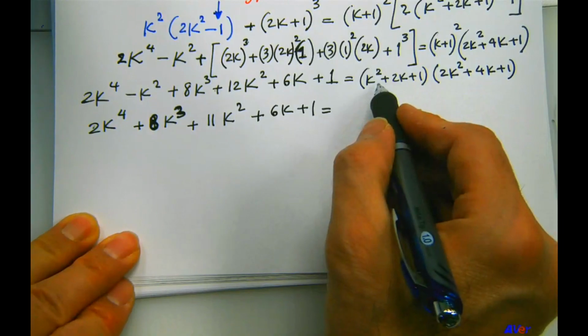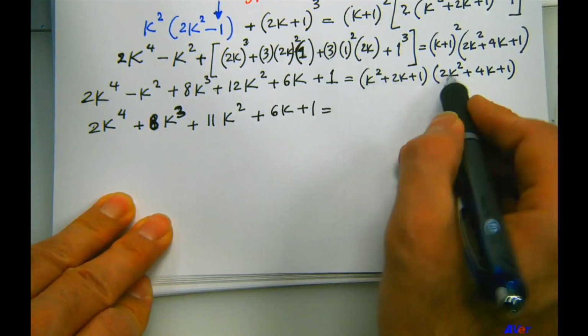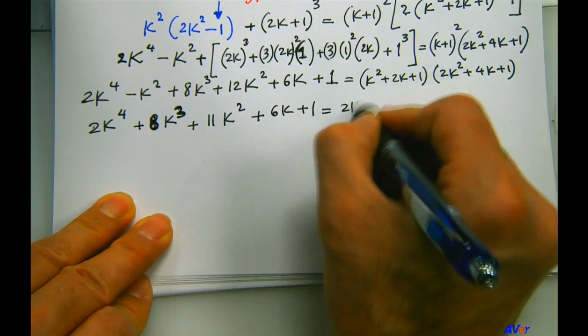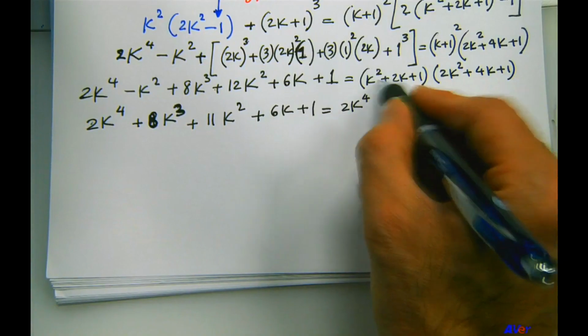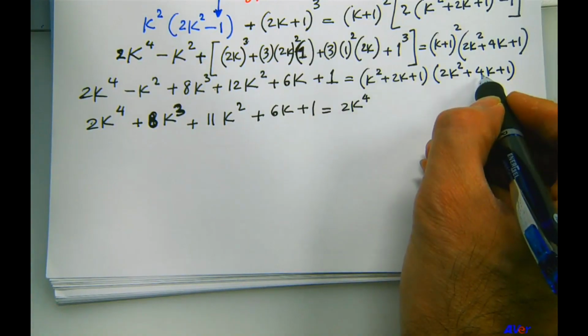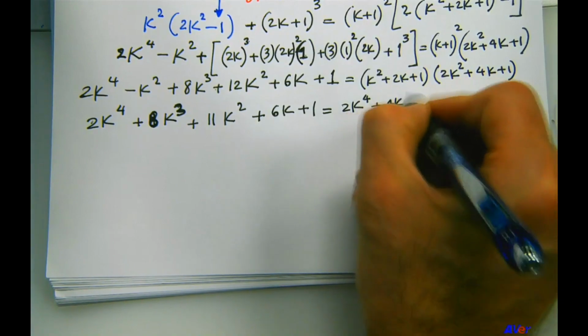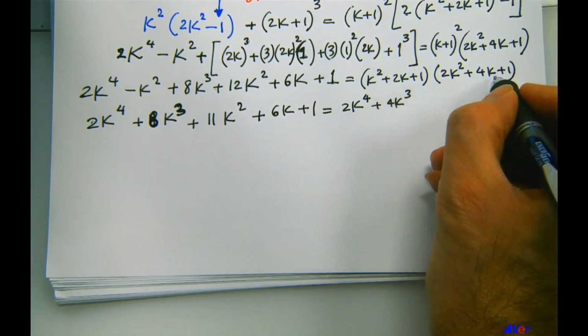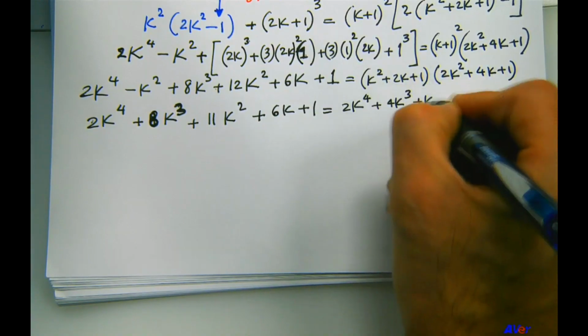Now we have to multiply this by that, right? So k squared times 2k squared is 2k to the 4th power. K squared times 4k, it is plus 4k cubed, and k squared times 1 is plus k squared.